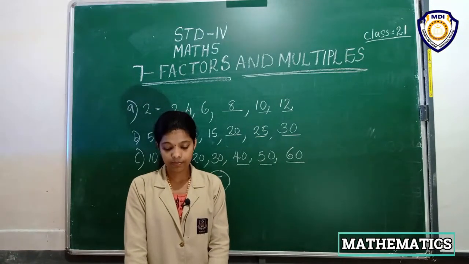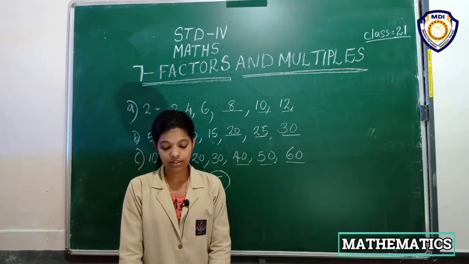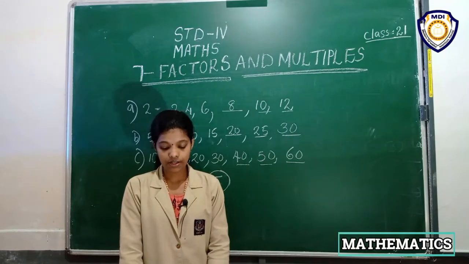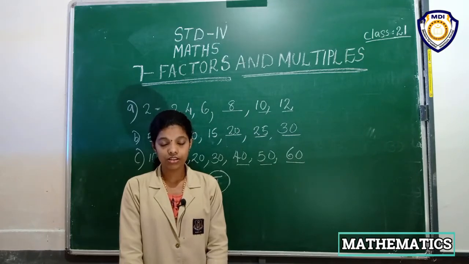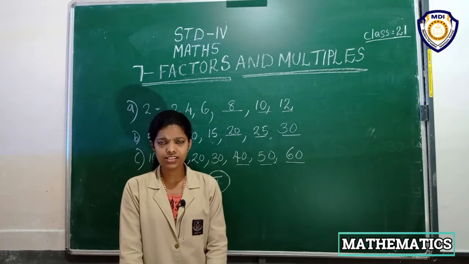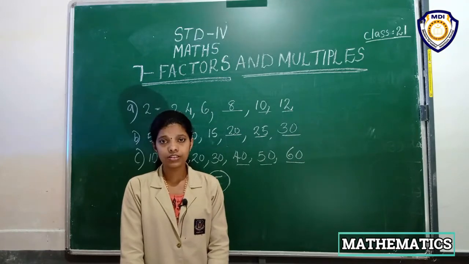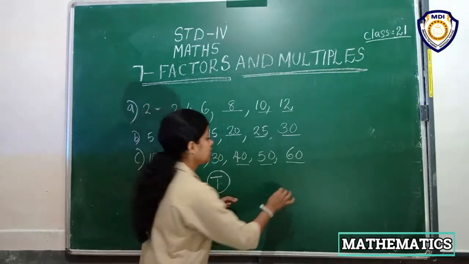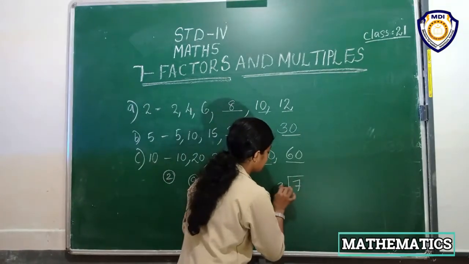B. 7 divided by 3. True or false? The answer is 2 and the remainder is 0. Is this correct? Just check it. 7 divided by 3.